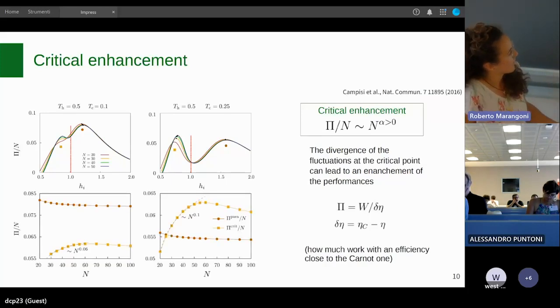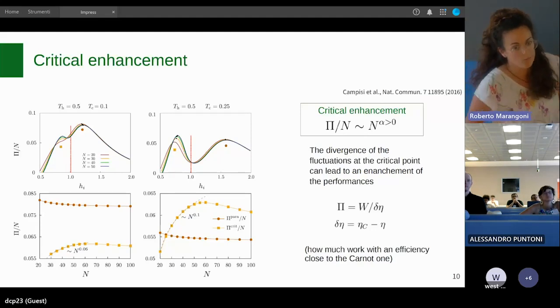In this case, this is the scaling of the critical peak, yellow squares, and then of the paramagnetic peak, brown dots. You can see that in the paramagnetic phase, the maxima reach a plateau, so it is almost independent of the system size, while in the critical peak, at the beginning, it shows a growth with the system size, and then it saturates.